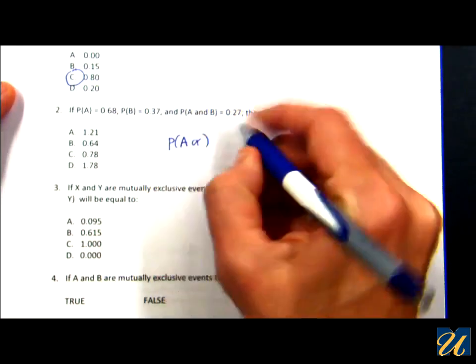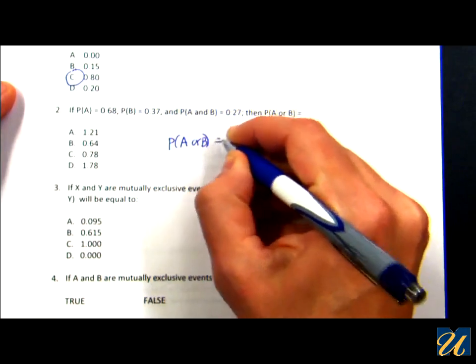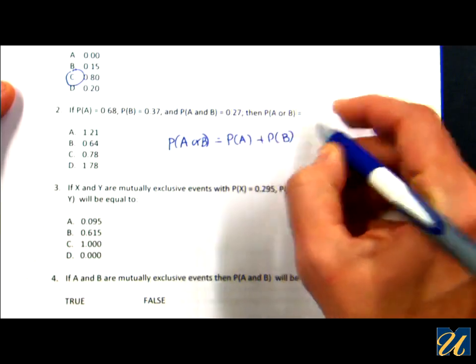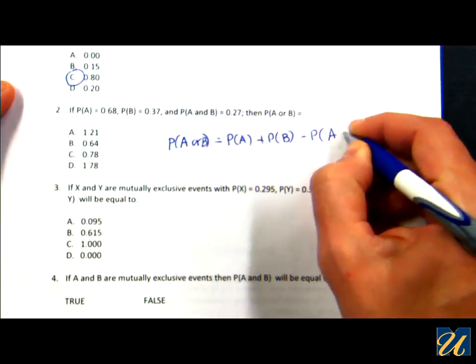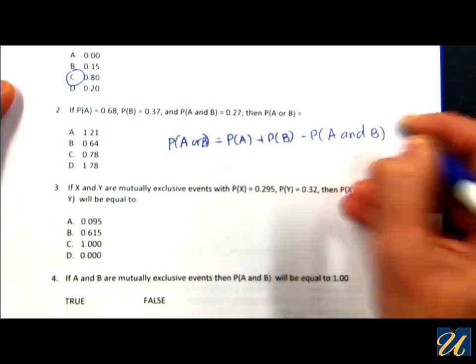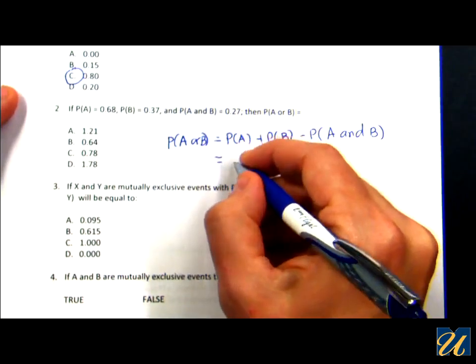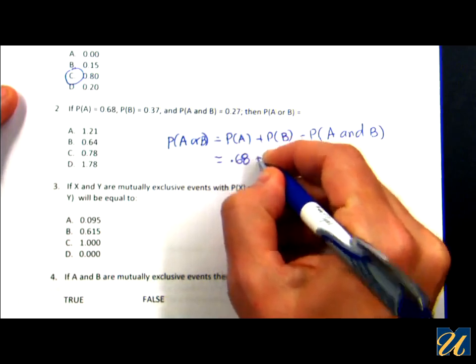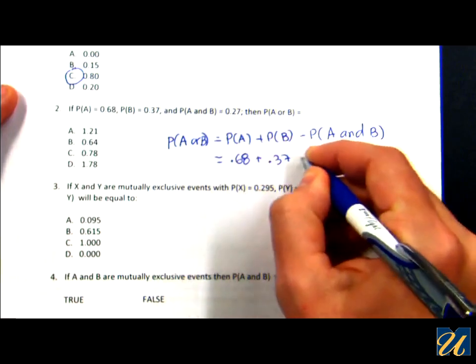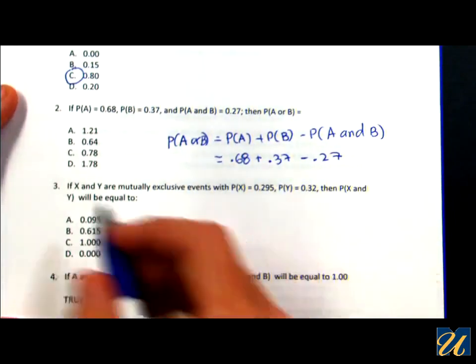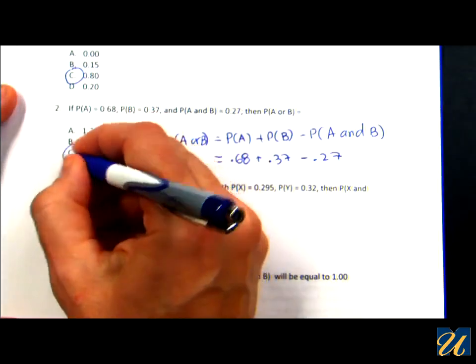Probability of A or B is equal to probability of A plus probability of B minus probability of A and B. This is the formula. Probability of A is 0.68 plus 0.37 minus 0.27, and the correct answer will be 0.78.